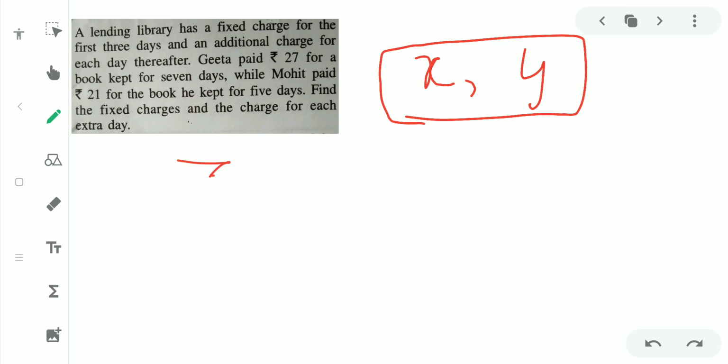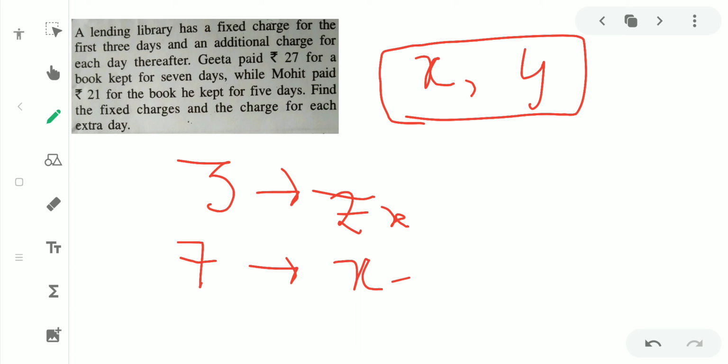For the first 3 days we are having x rupees, and for 7 days, Geeta took 7 days, so we are having x plus 4 days of charge, that we don't know, that is nothing but 4y, as we have assumed the extra charge is rupees y.